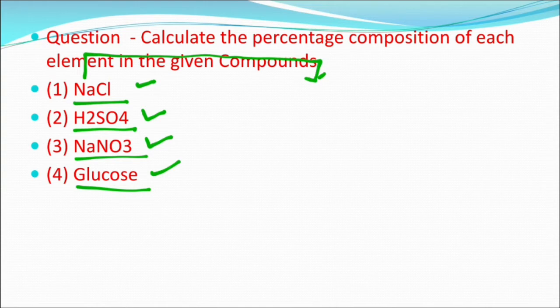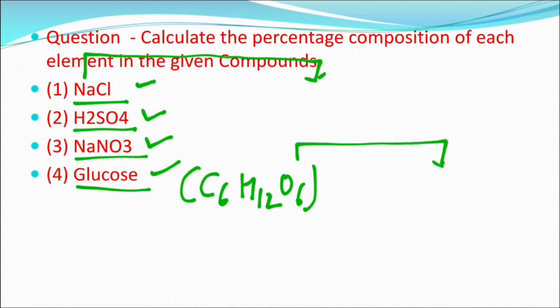Similarly, glucose has the formula C6H12O6. First of all, you will find out the total mass of glucose, and then one by one you will find out the percentage of carbon, percentage of hydrogen, and percentage of oxygen.